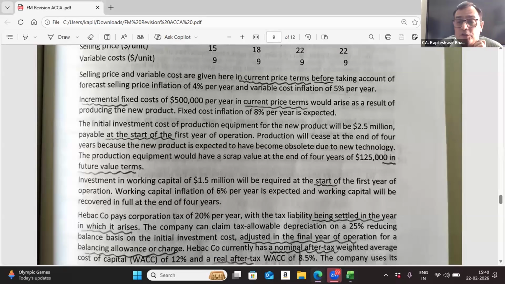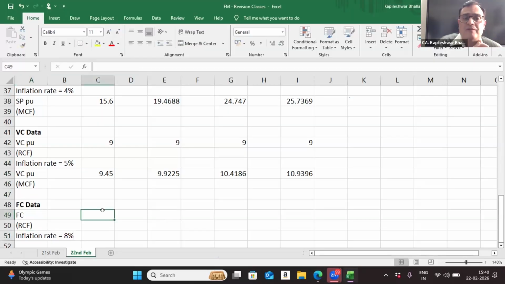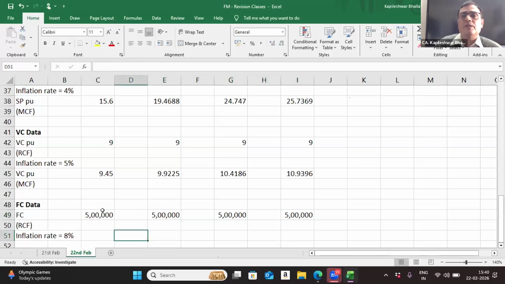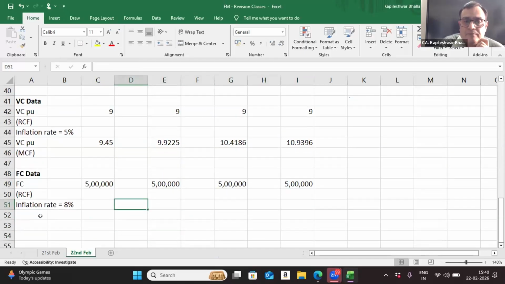So what is my fixed cost? It says the incremental fixed cost is supposed to be 5 lakhs per annum. So we take this 5 lakhs throughout. Since this is also a common figure, you can organize the information the way you've done it for the variable cost itself.